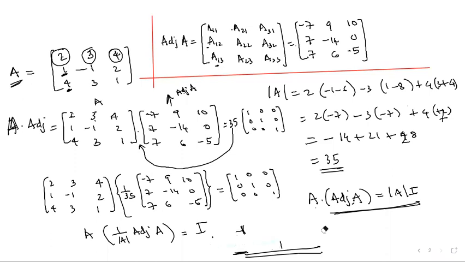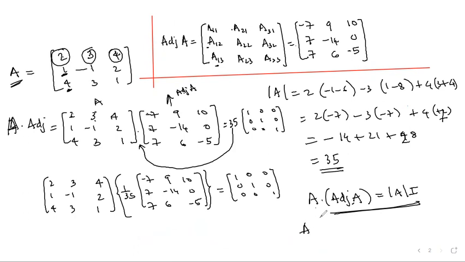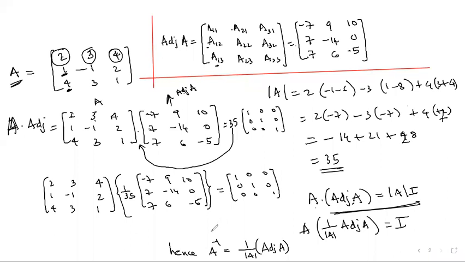Below that, A into 1 by determinant of A into adjoint of A is equal to I. Hence, A inverse is equal to 1 upon determinant of A into adjoint of A. This is the most important thing that you have learned today.